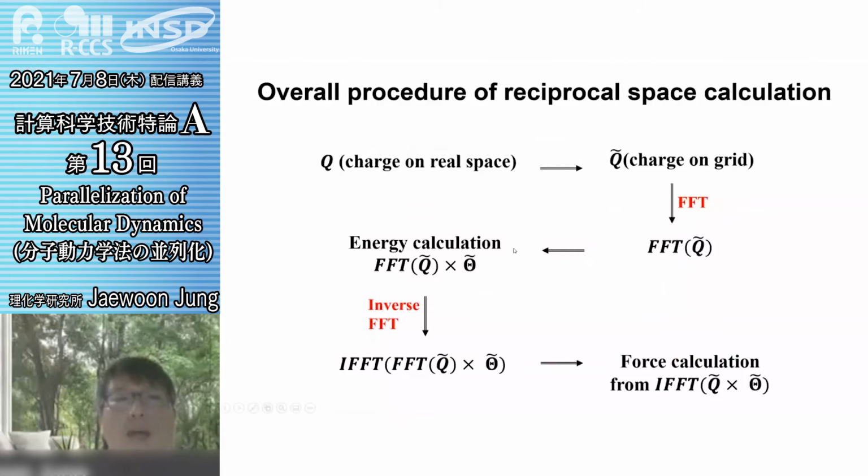And by multiplying some prefactor, and by performing inverse FFT, we can evaluate the force values. So in each step, we need one forward FFT and one inverse FFT for reciprocal space calculation.